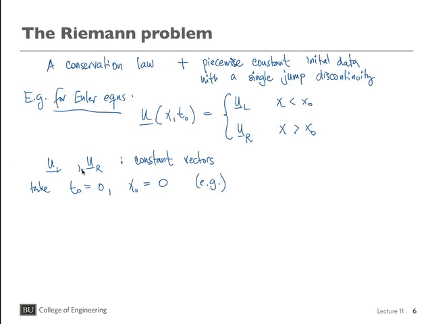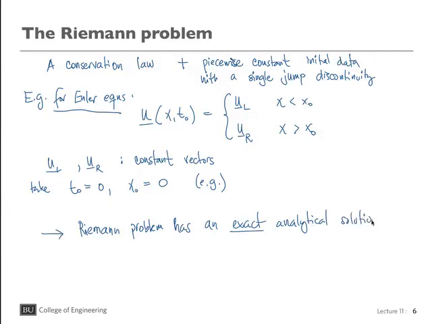It actually shows up in quite a lot of contexts, but one of the great uses of it is to test numerical methods, because it has an exact analytical solution for the Euler equations.